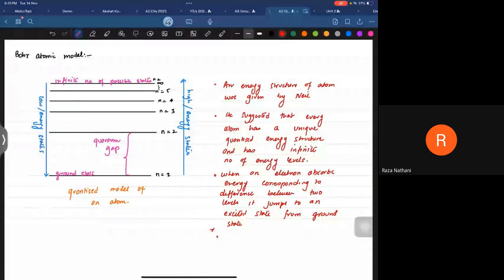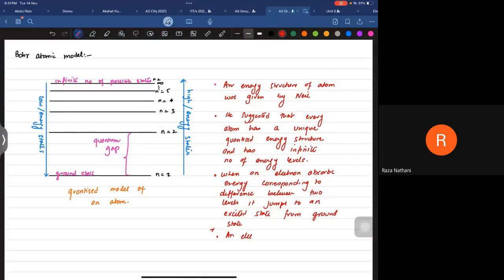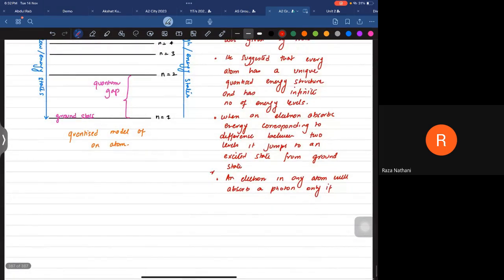So now this is the most important point. An electron in any atom will absorb a photon only if, and this is important, only if the size of photon energy corresponds to energy of quantized gap.